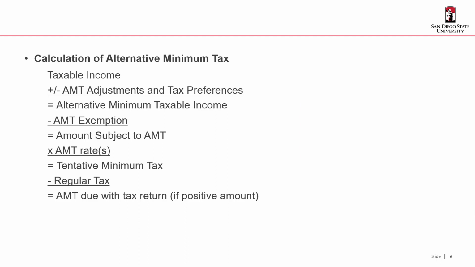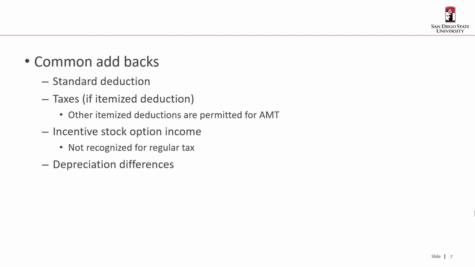I like to think of it as AMTI before the exemption, because the next step is you calculate an AMT exemption, and then you get the amount of AMTI that's actually subject to the tax rates. Multiply that by the tax rates, and you get the tentative minimum tax. You compare that tax to the regular tax, and only if the tentative minimum tax is greater do you pay it. That is called your AMT.